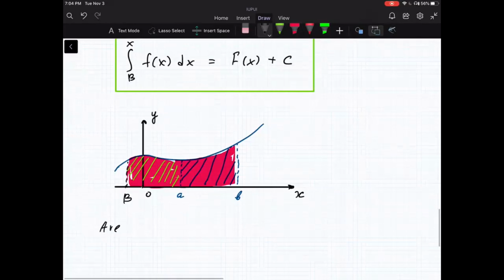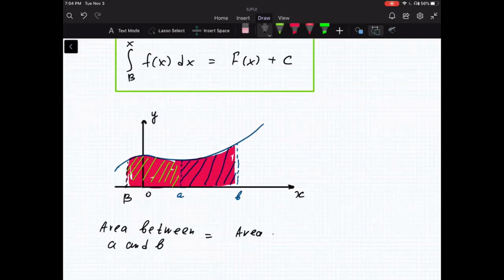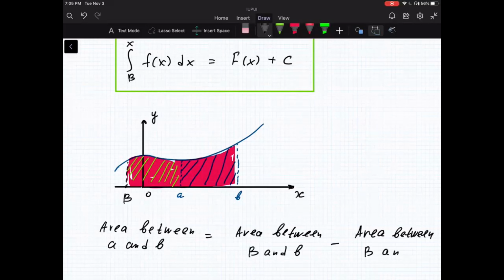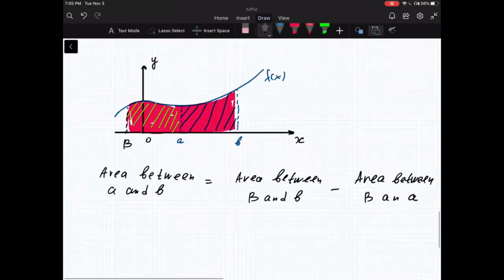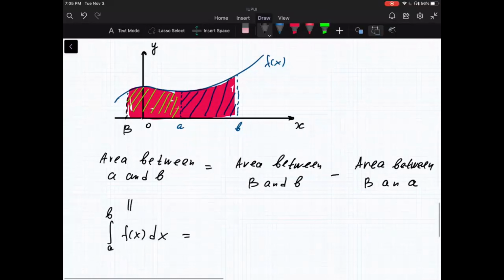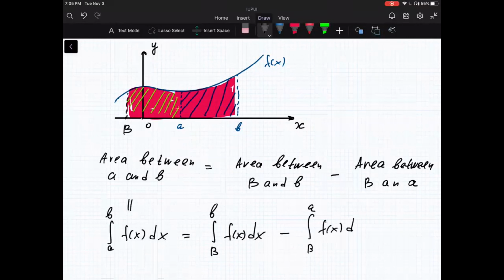So the area between A and B is equal to the area between capital B and small b minus the area between capital B and A. But by the definition, this area is just the integral from A to B of f of x dx, while this second area is the integral from capital B to b of f of x dx, and the last one is the integral from capital B to A of f of x dx.